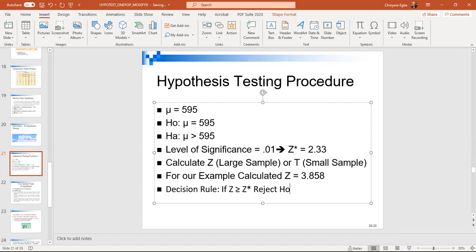All right. So now for this problem, compare Z to Z star. Okay.